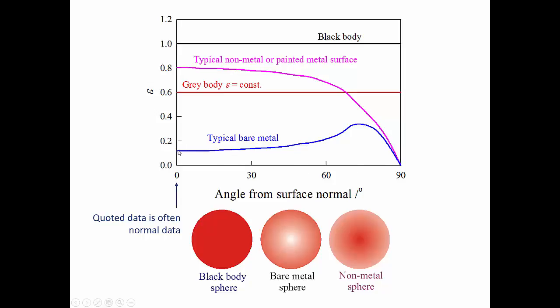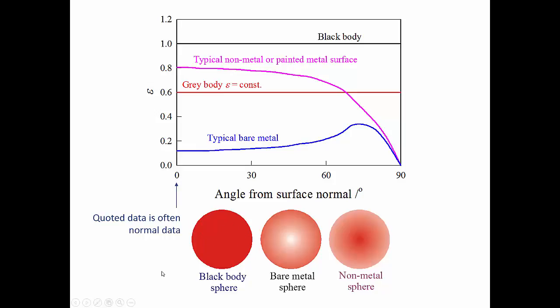For a bare metal, the emissivity tends to be relatively low, increases as you move towards the edge, and then drops off again as you go towards 90. Often data will be quoted for emissivity and will be normal data, so taken at an angle of 0.